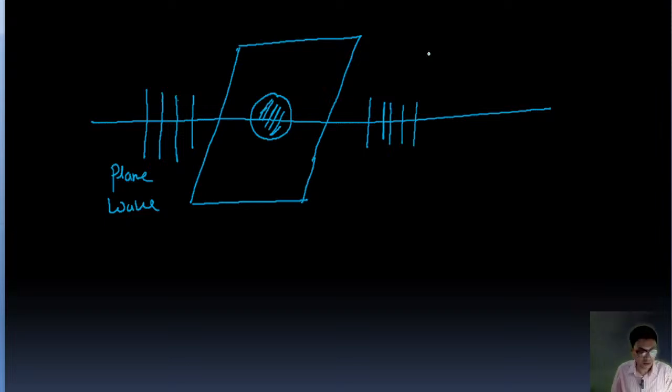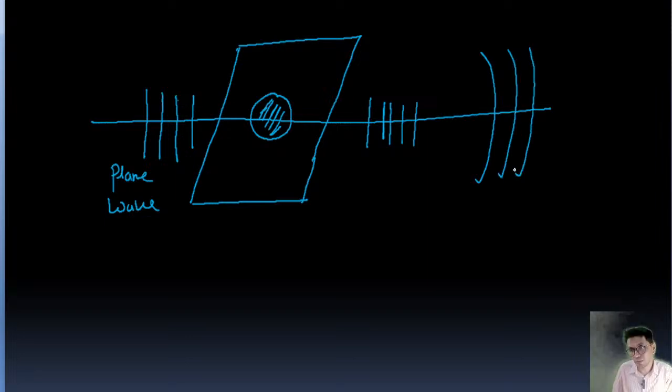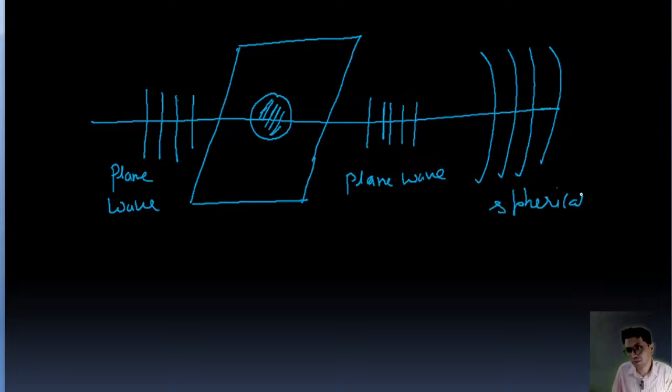And the scattered wave is going to be also a plane wave, or this may be a spherical wave.